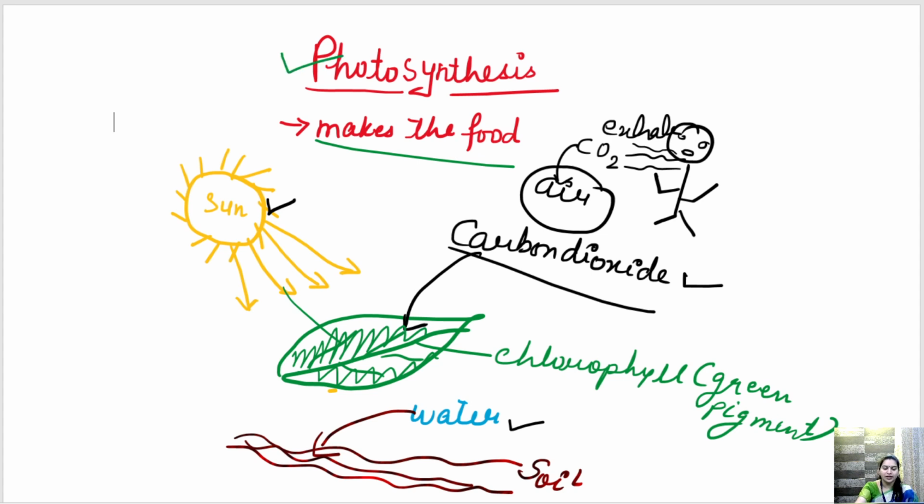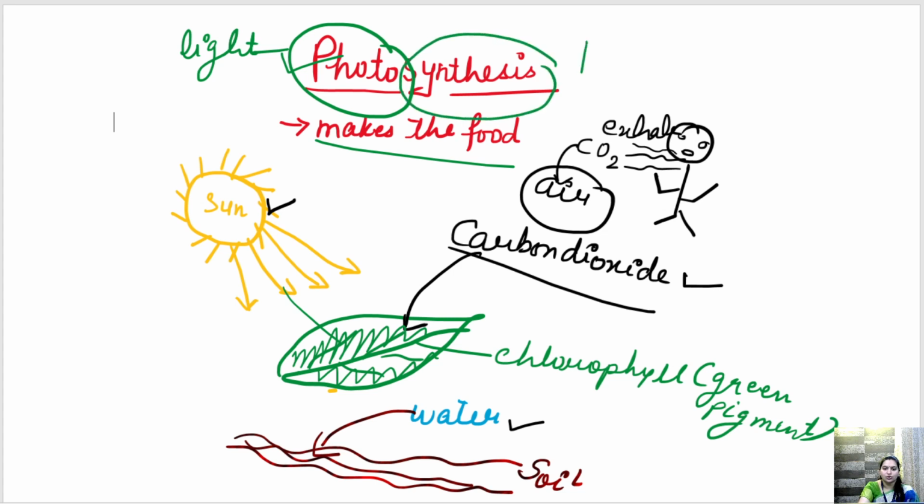photosynthesis. Getting it? Why photo? Photo means light. Okay, and synthesis means to produce. So in the presence of sunlight, they are synthesizing the food. So that is photosynthesis. Alright, I hope you have understood it.